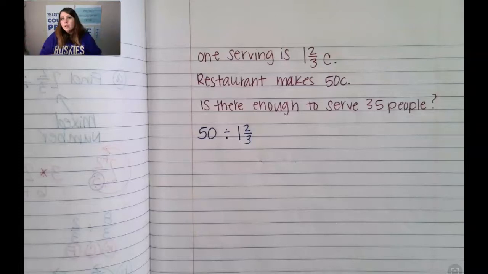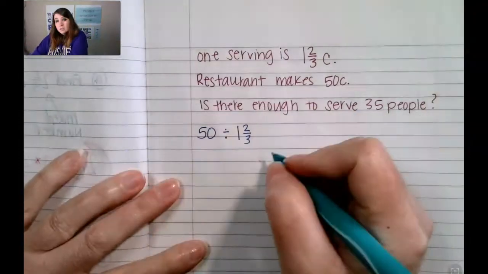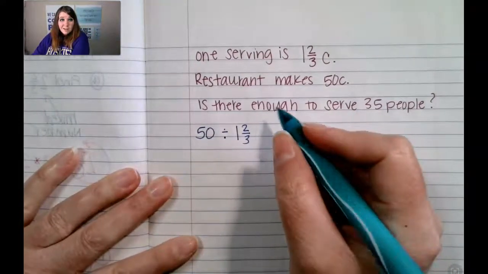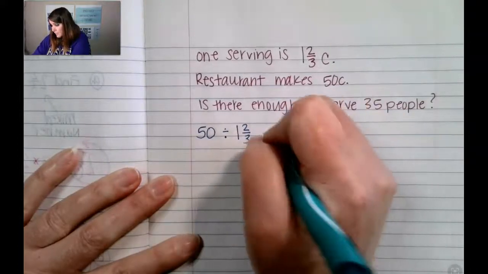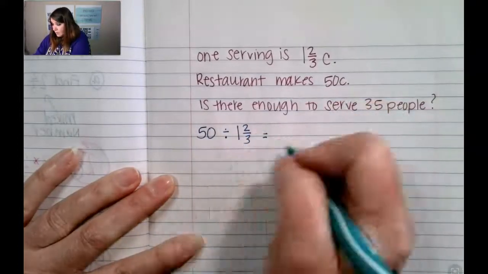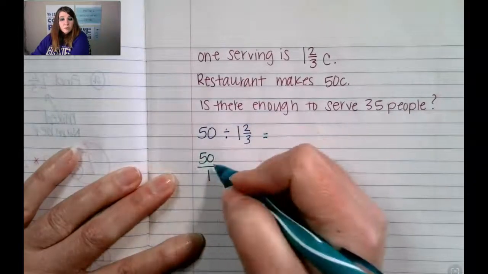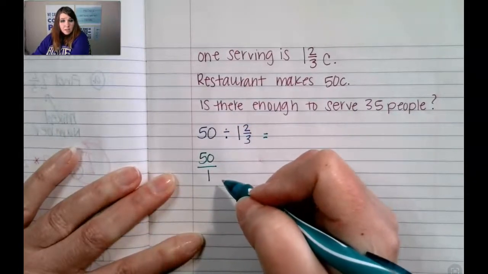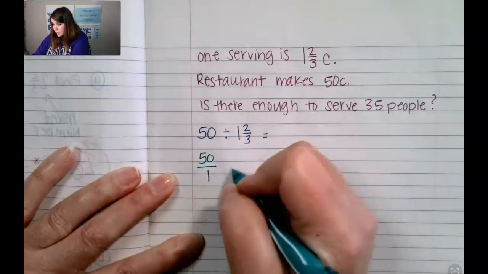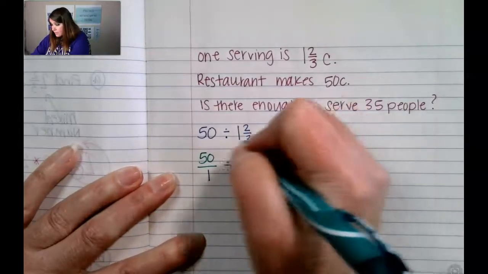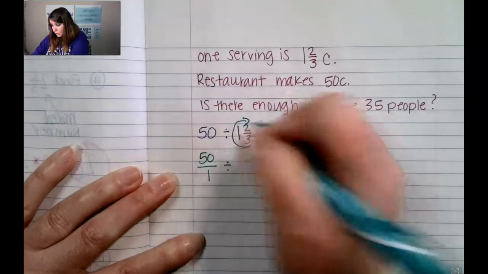So what we need to do is make a fraction and a fraction. This 50 is just going to be 50 with a 1 underneath it because we have 50 whole servings, right? So 50 over 1 whole servings divided by, this is the one we need to worry about right here.